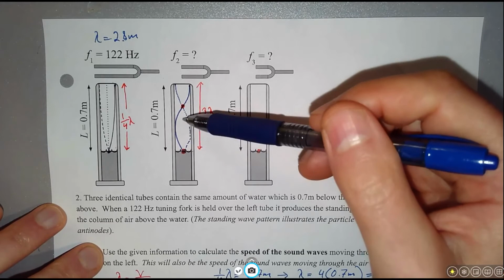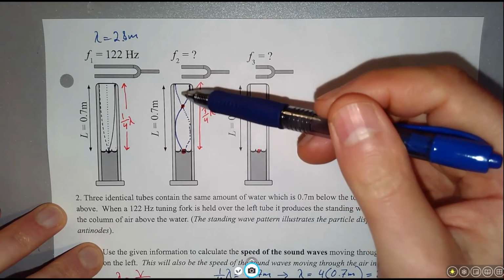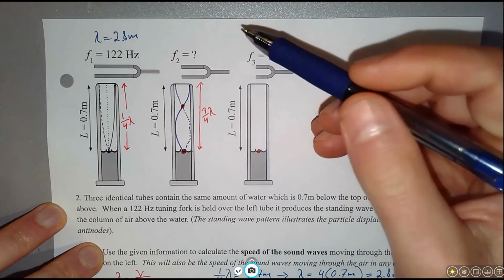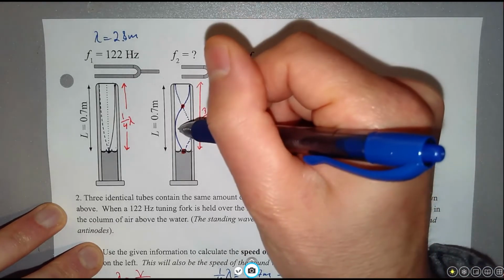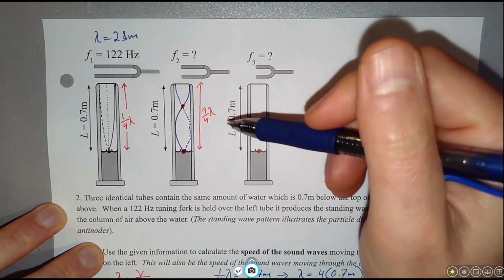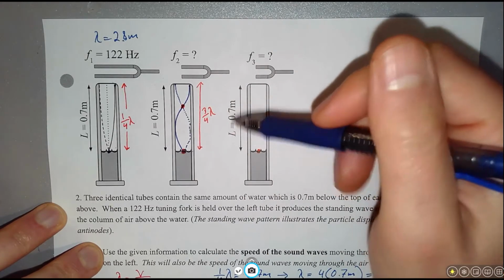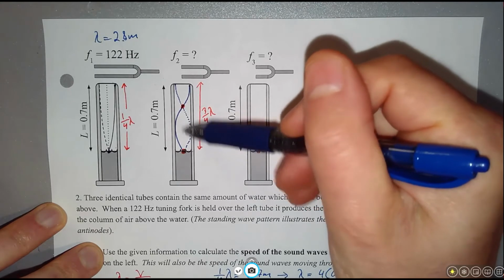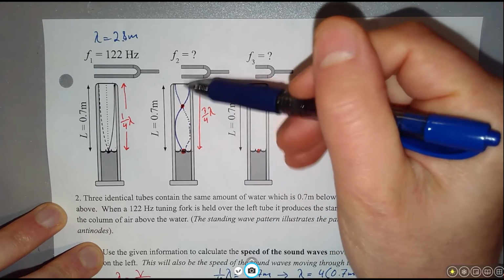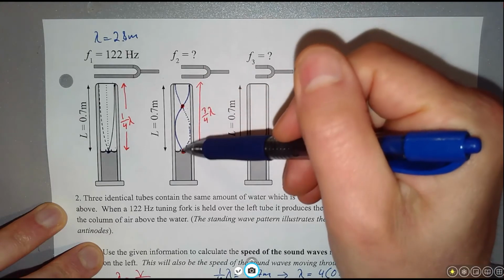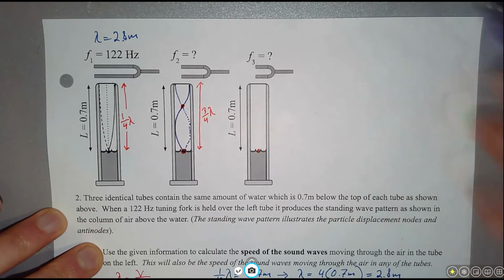The particles get disturbed parallel to the direction of the wave travel that's bouncing off there and going through there. But this is just a graphical representation of where in the tube the air is displaced the most from equilibrium and where it's not displaced. So here the particles are shaking back and forth the most, and here they're shaking back and forth the most. Here they're not shaking up and down, and here they're not shaking up and down.